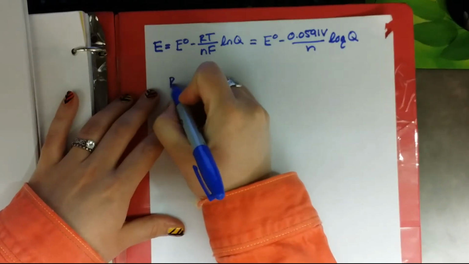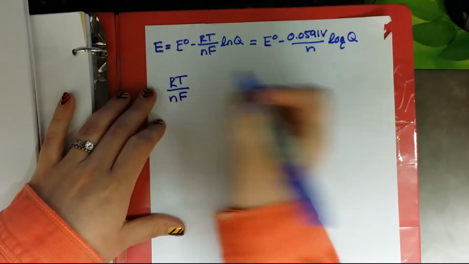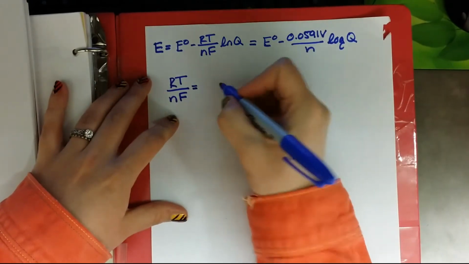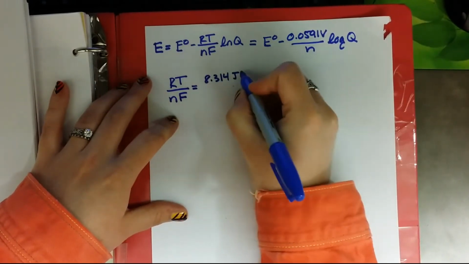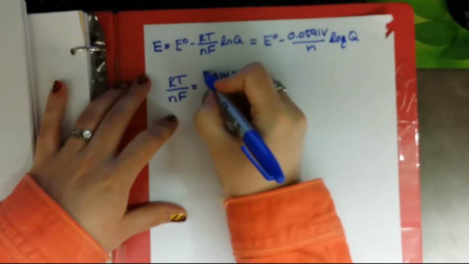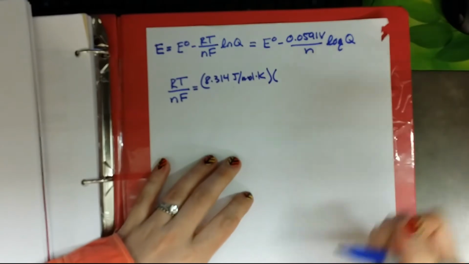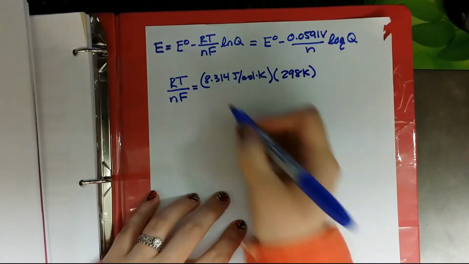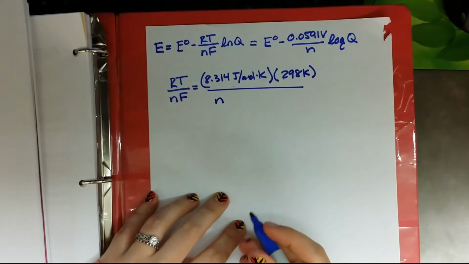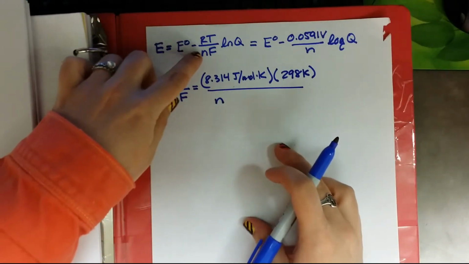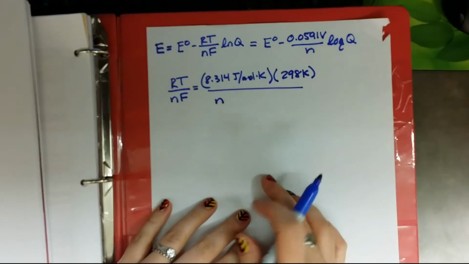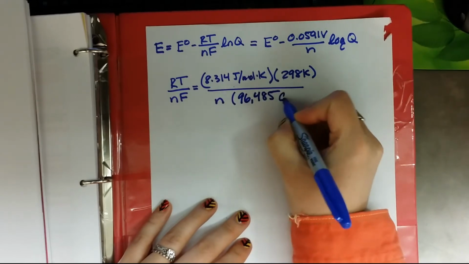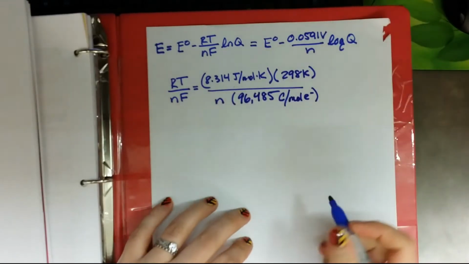So if I write out R times T over NF and plug in the values at 25 degrees Celsius, we'll have 8.314 joules per mole Kelvin times 298 K, all over N, which we're just going to leave alone right now, and then our value for F is 96,485 coulombs per mole of electrons.